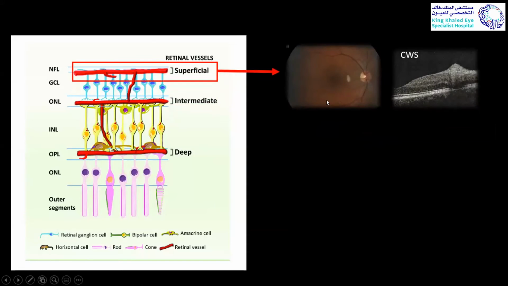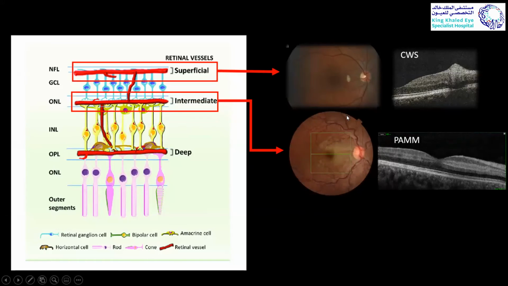So if we go back to the basics, if we have anything that affects the superficial part of the retina, it will cause a cotton wool spot, which we can see clearly in the OCT as a nerve fiber layer infarction.